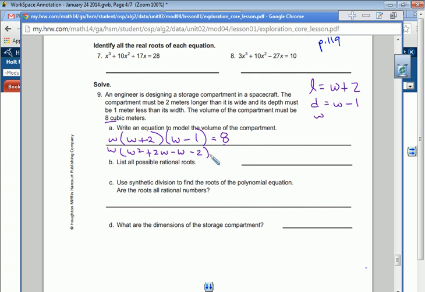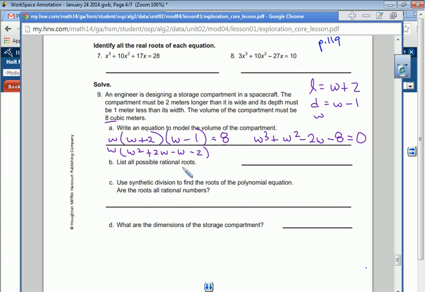And then distribute the W through there. We get W cubed plus W squared minus 2W. And then we have to move the 8 over there too. So it would be minus 8 equals 0. Do we see how this equation models this situation we were presented with?